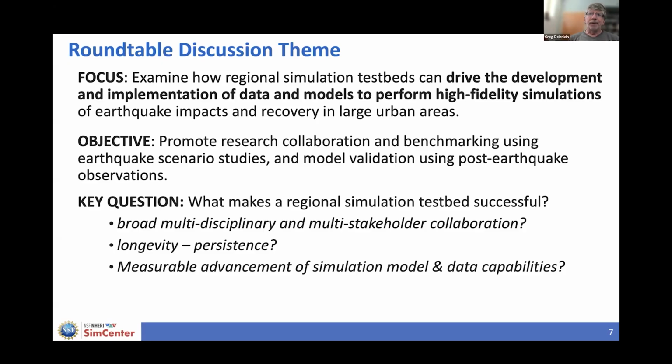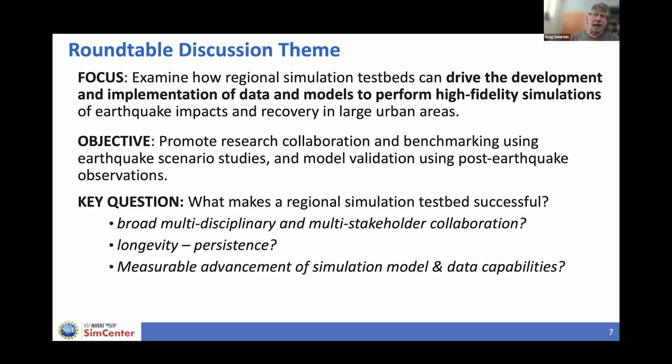But an underlying one is what makes a regional simulation testbed successful? It's more than just doing a regional simulation, but a testbed we envision as really a community-driven effort. And so some suggested answers to that might be: is a successful testbed one that's broad and multidisciplinary, that brings in different stakeholders working on the testbed?